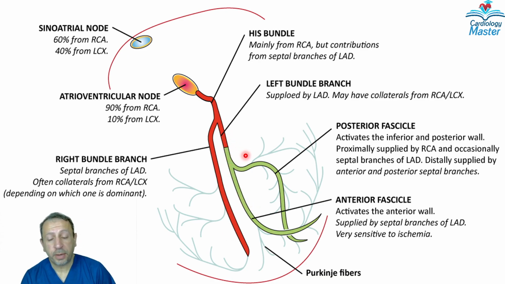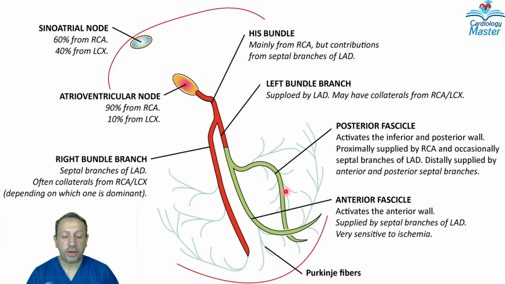And the left bundle branch also gives two important branches, which are the left anterior fascicle and the left posterior fascicle. Very important for you to know that the blood supply of the SA node comes mostly from the right coronary artery, as well as the AV node. In almost 90% of cases they are supplied from the right coronary artery, as well as the His bundle.